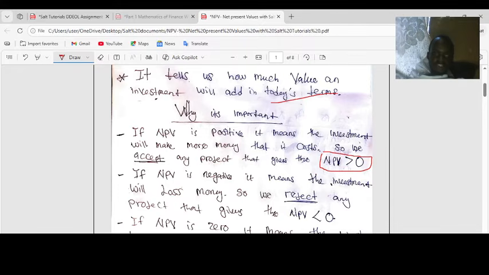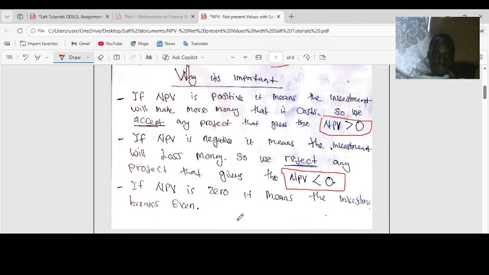By greater than 0, it means the difference is positive. But if the NPV is negative, it means the project you've invested in, you just have to reject it. You don't have to continue with it. You reject. That's the rejection rule we'll be using when it comes to the NPV.